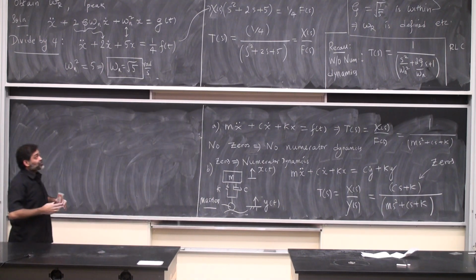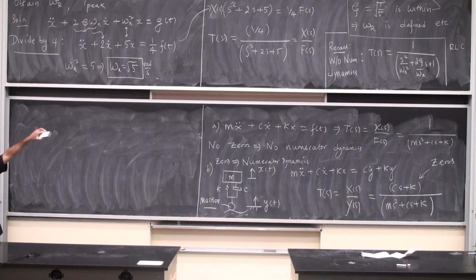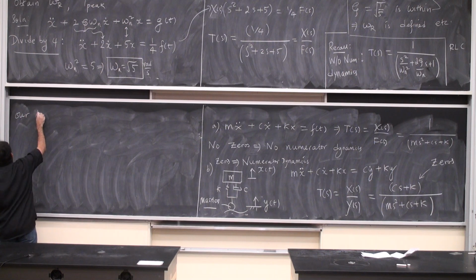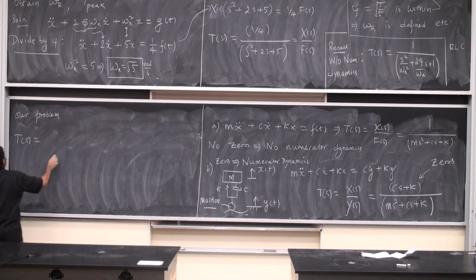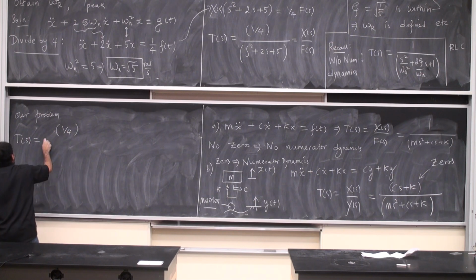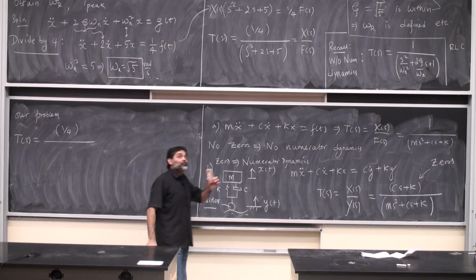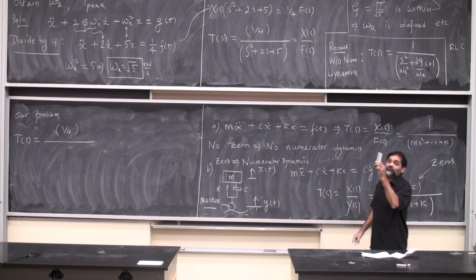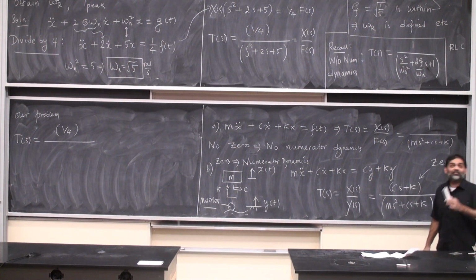So obviously I start with the transfer function and I bring it to the form that I see there. So I go back to our problem. E of s is 1 by 4. What should I do? I should divide everything by 5, because that's the last term down there, right?